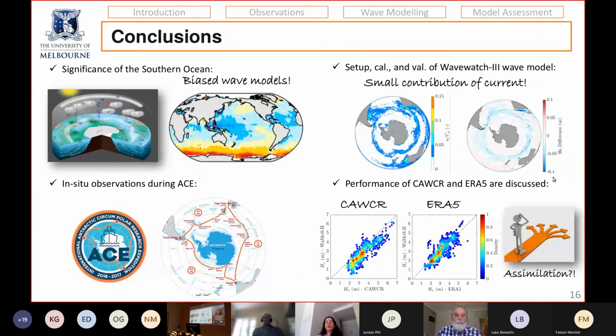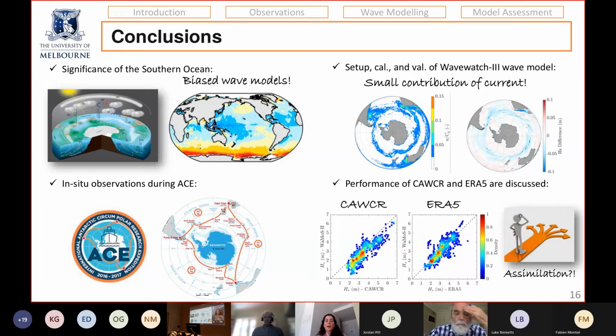To put it all in a nutshell, I wanted to give you a very quick introduction to how important the Southern Ocean is in terms of the role it plays in the Earth's climate system and how little our knowledge is of waves in this region.